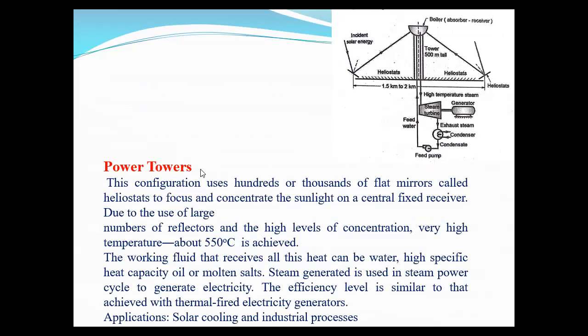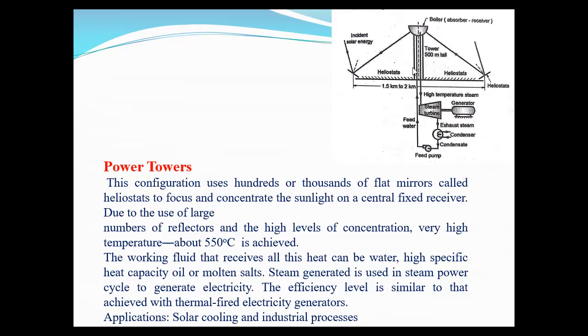In this central power receiver power plant, which is a high temperature power plant, a large area has heliostats, and all solar radiation falling on the heliostats, spread around the tower, is reflected onto the boiler or receiver of the tower. Thousands of heliostats are there around the tower.